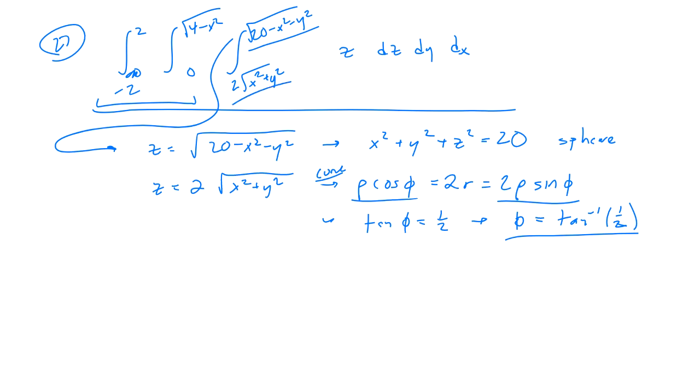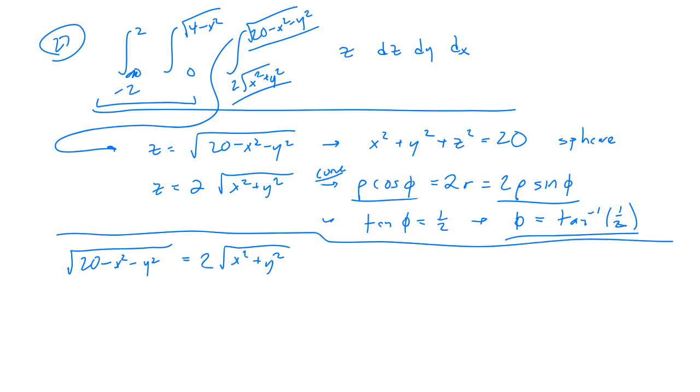So I have z equal to the sphere and z equals the cone. If I put them equal, what do I get? So obviously I'll square both sides.